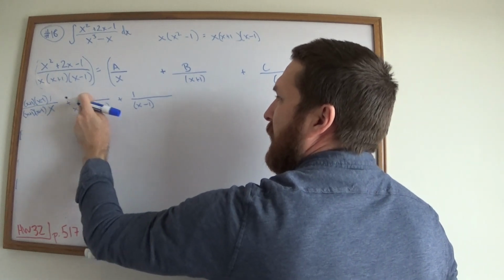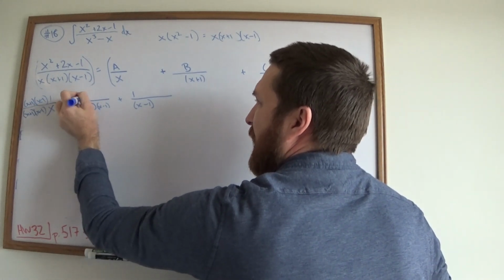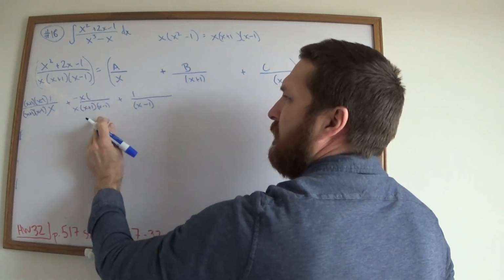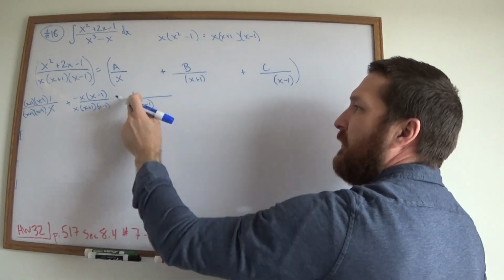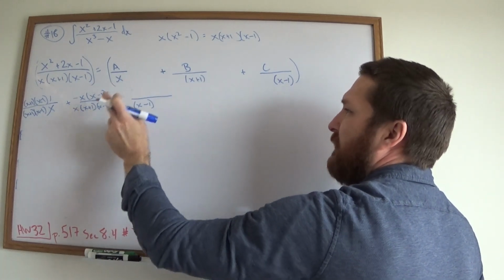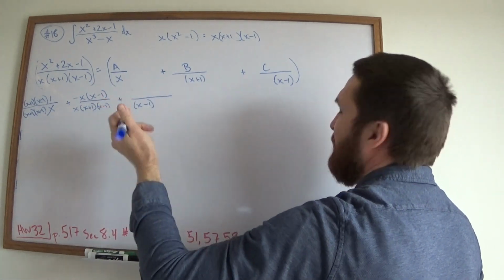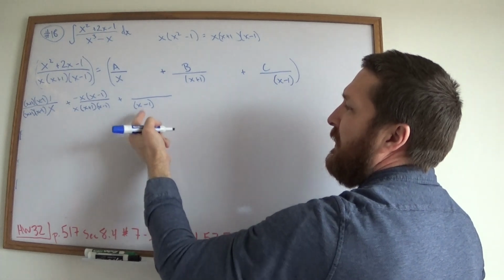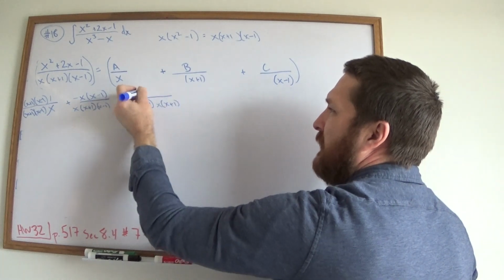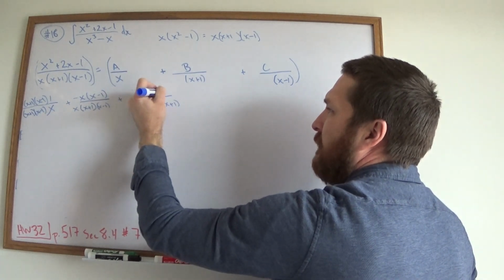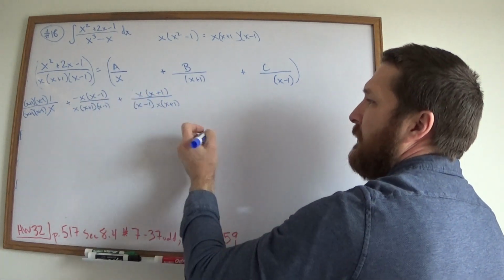So on the top, I'm going to put my negative right there. X, which one did we do? X minus 1. Finally, the 1 I'm going to forget about. If it were a 7, I would not be forgetting about it. But now I'm missing an x and an x plus 1, so I need an x and an x plus 1. Now we have a common denominator.